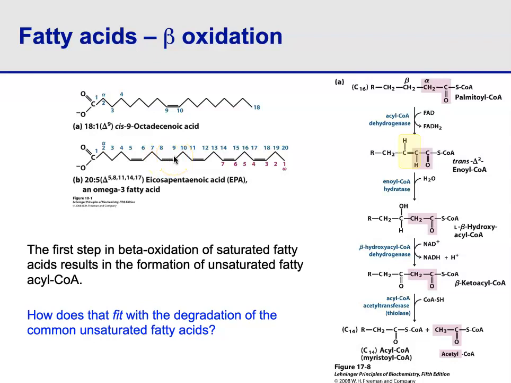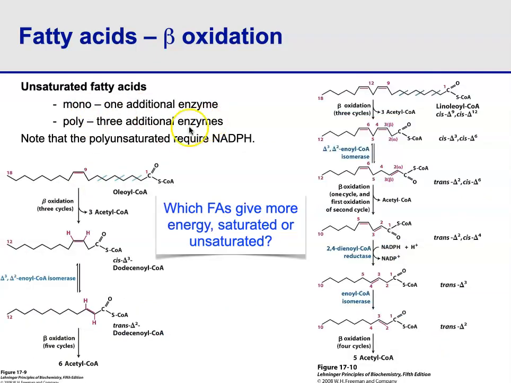So there is a problem, and the first step of beta oxidation doesn't make it better fitting for the unsaturated fatty acid to fit into the cycle. So for every monounsaturated, we need one additional enzyme for the cell to be able to handle it.